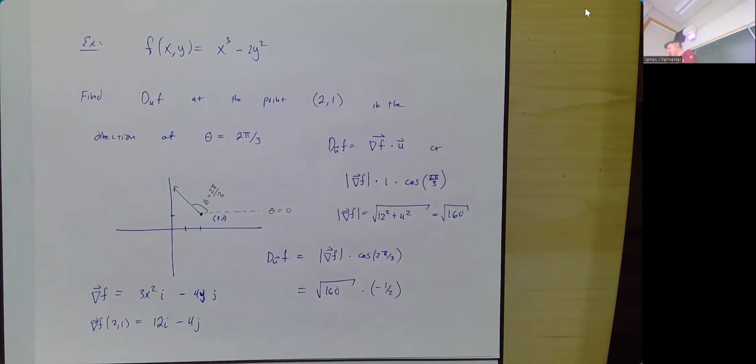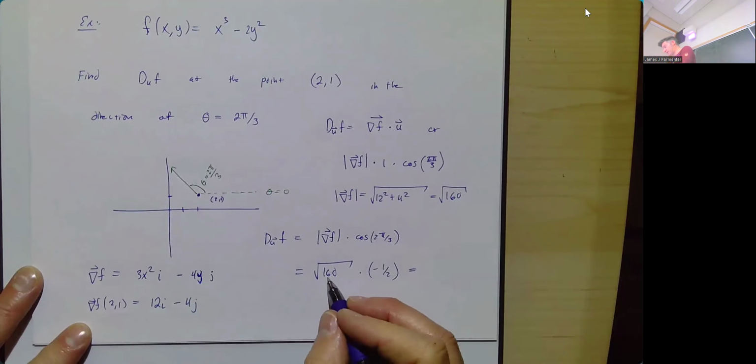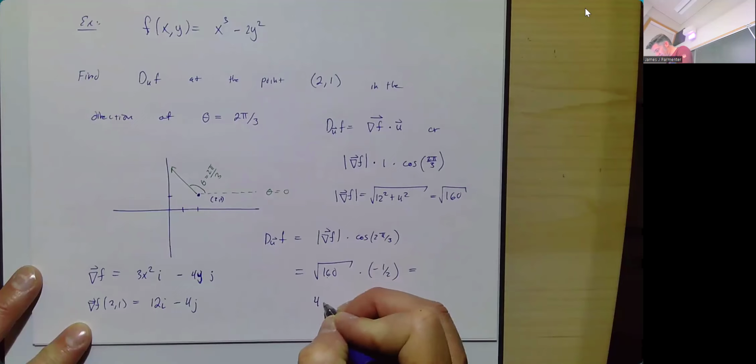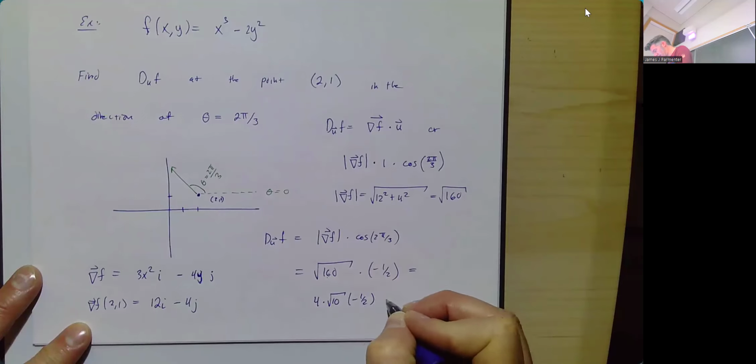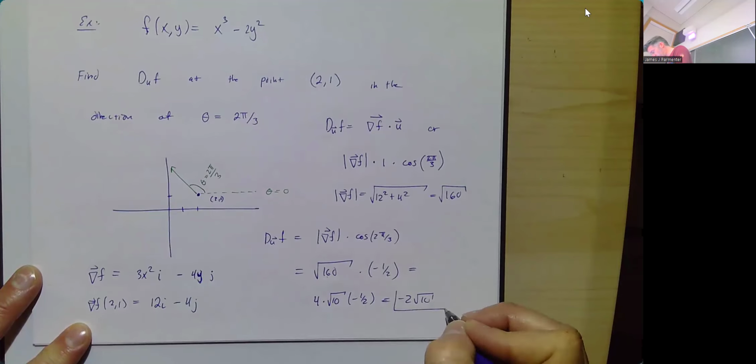We could simplify this a bit: 160 is 16 times 10. So that's the square root of 16 times the square root of 10 times negative 1/2, so you can write it as negative 2 root 10 to make it look nicer.